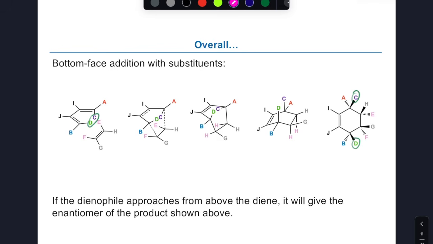The two ones here that are on the endo face, you notice that's where they show up over here. They're syn to those exterior groups and obviously anti relative to whatever's attached to them over here. The exo position over here ends up in these positions, syn to those two interior groups that we designated before.